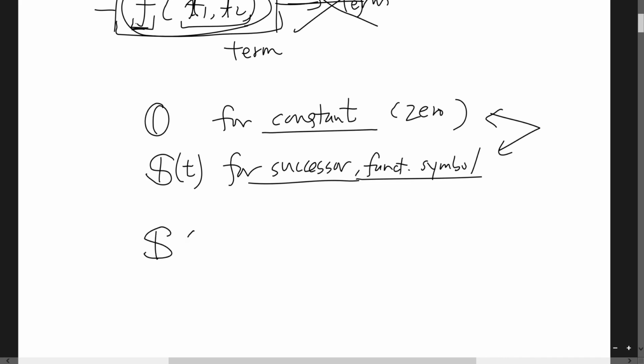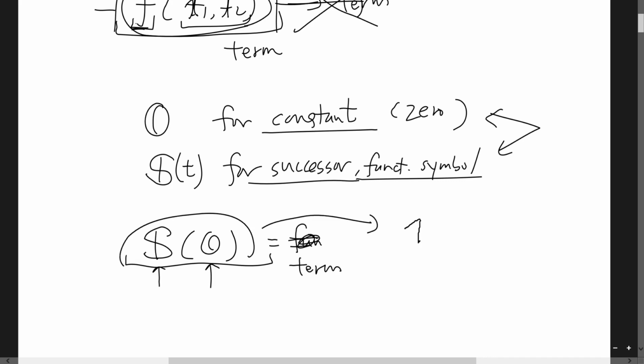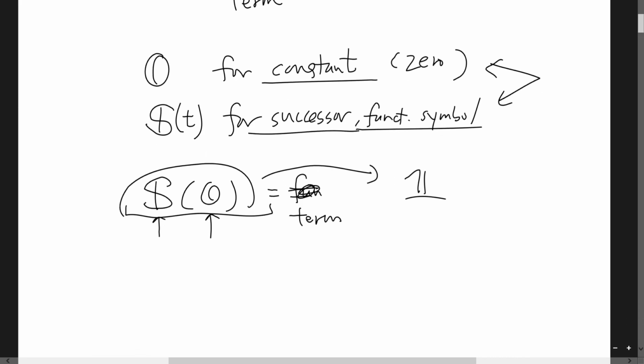successor applied to 0. This is a new function symbol applied to another term, so this itself is a term. You don't reduce it to another term, for example 1. You don't do this. There's another example: successor applied to successor of 0.